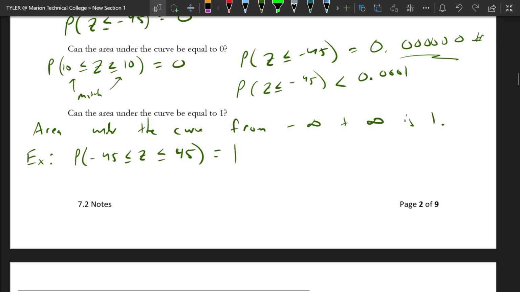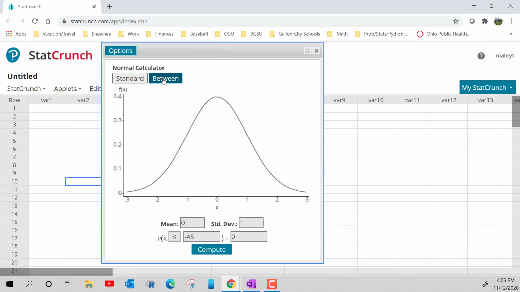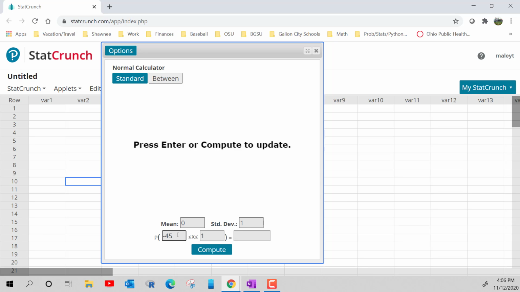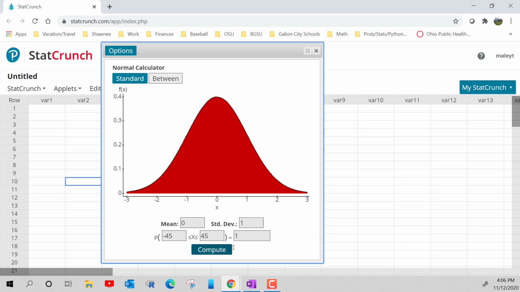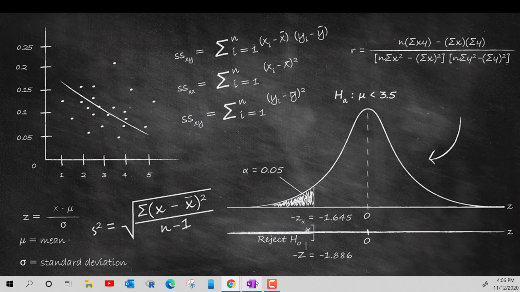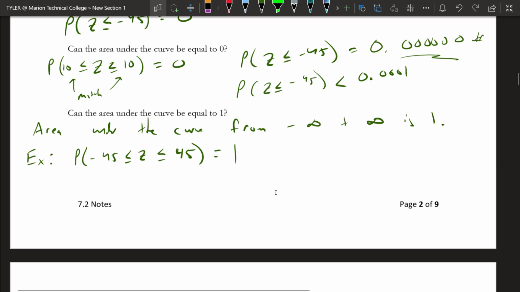So we can verify that. If I hit the between button here in StatCrunch and change this to be negative 45 to 45 and hit compute, notice it gives me 1, because it basically is 1. But it turns out that that's not going to be exactly equal to 1.